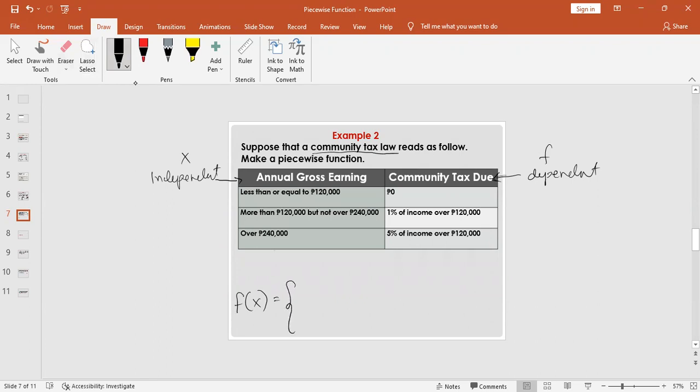So, as what I've said a while ago, in writing the subfunction, we use the dependent variable. And in writing the interval, we use the independent variable. Okay, so ang ilalagay lang natin dito ay mga community tax due. Ito yung pagbabasehan natin dyan. And ito naman, since independent, ito yung babasehan natin para makagawa tayo ng intervals. Okay?